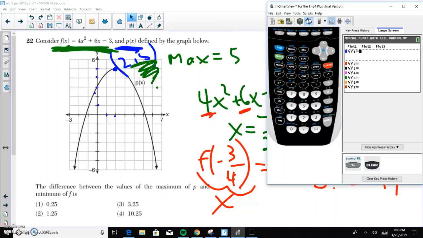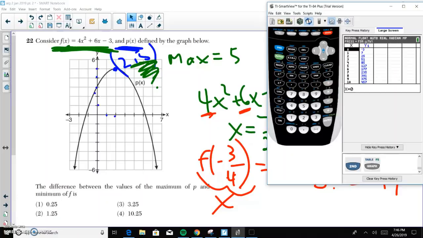Let's go to y equals and type in 4x to the second power plus 6x minus 3. And so we typed it in. Now let's go to our table. Second graph to get the table.